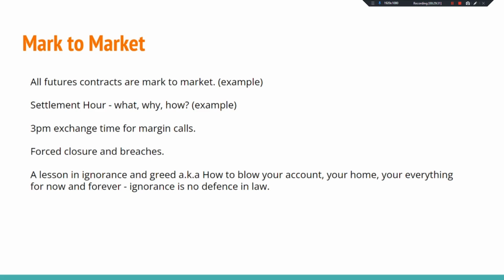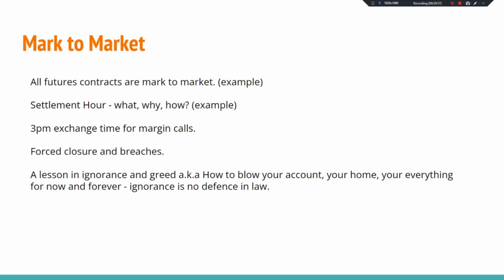So if you're trading ES, you've already had to put aside some of your account for margin. For each contract, about 10k. At settlement time, a strike price is reached, and on ES that's at 3:15 Central Time.